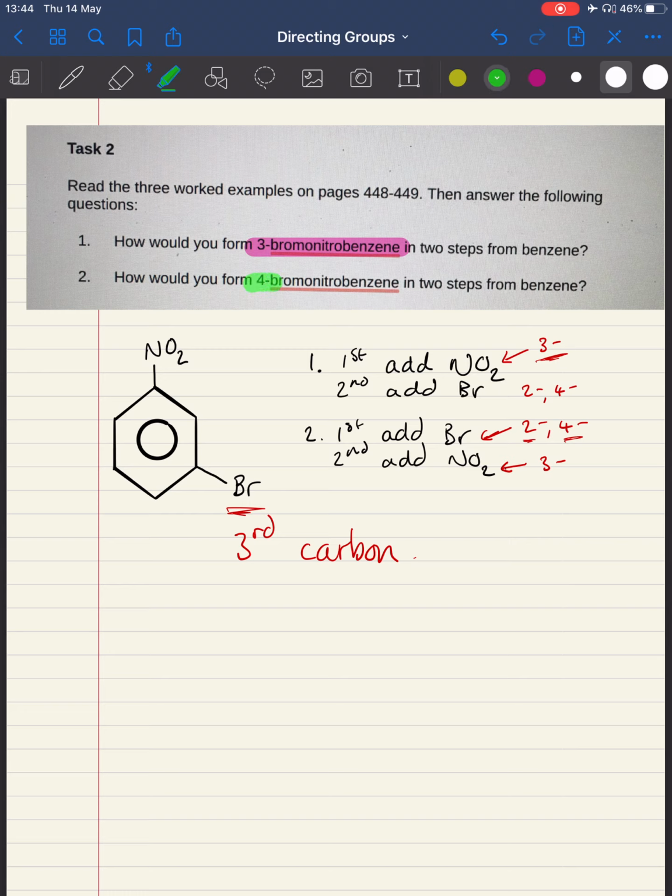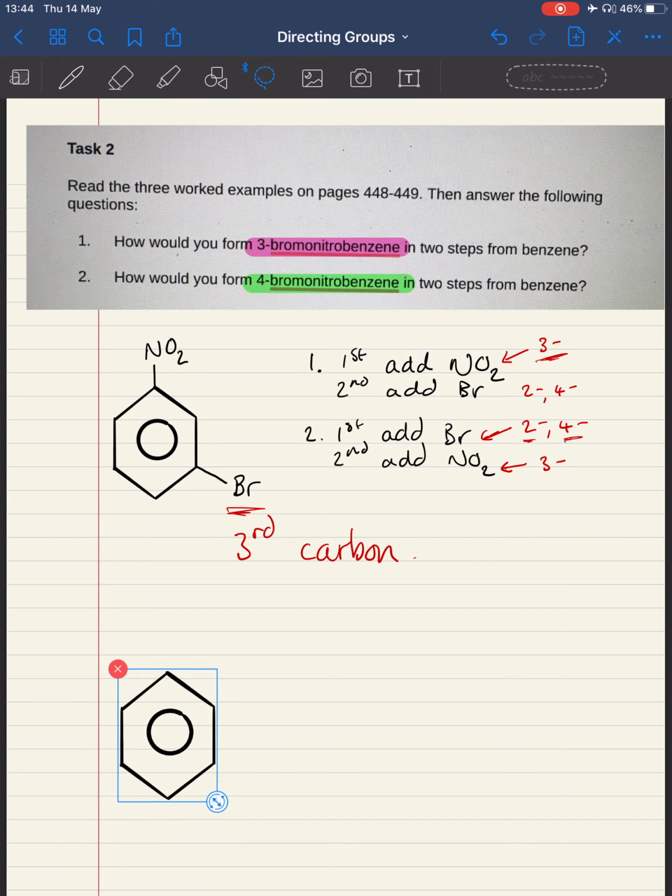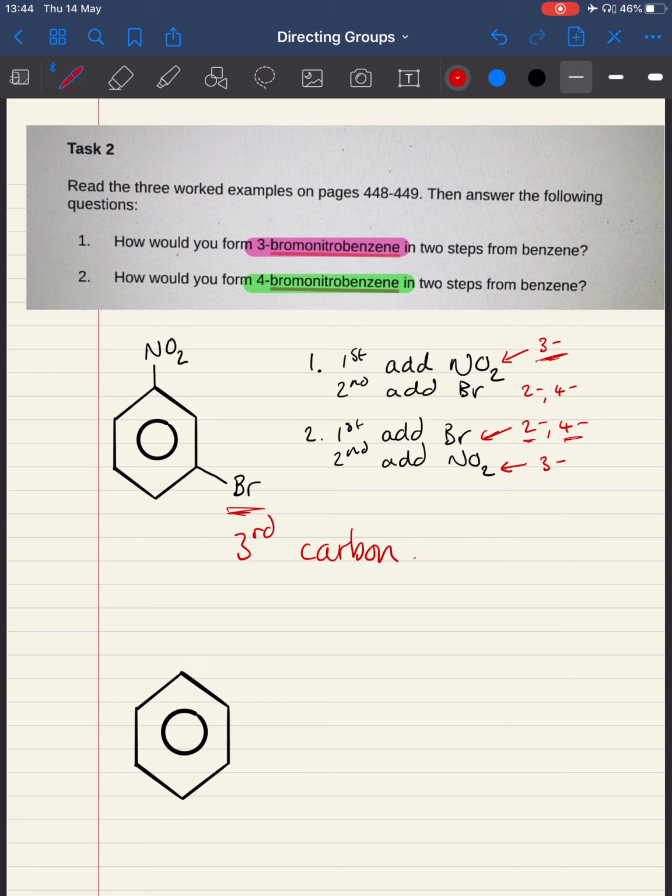Down here, 4-bromo-nitrobenzene. Firstly, we're looking at 4-bromo. So paste, shrink that down a bit. NO2, 4-bromo.